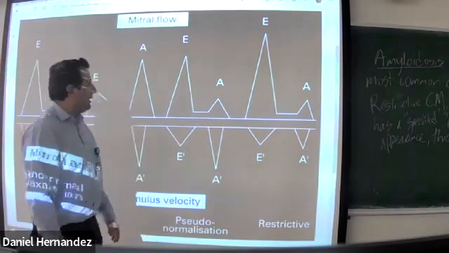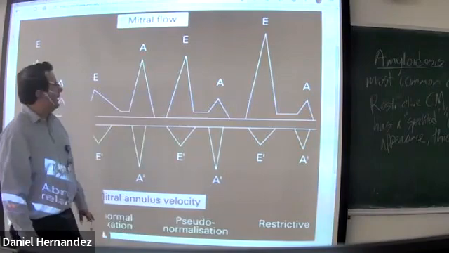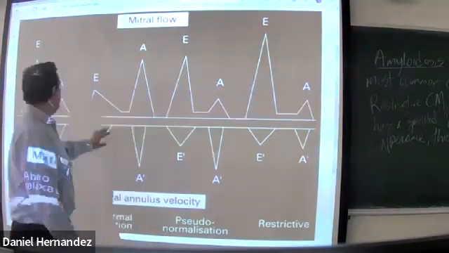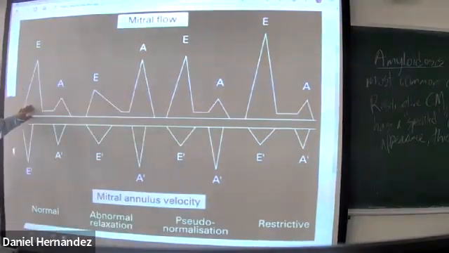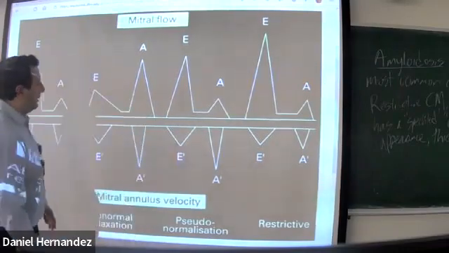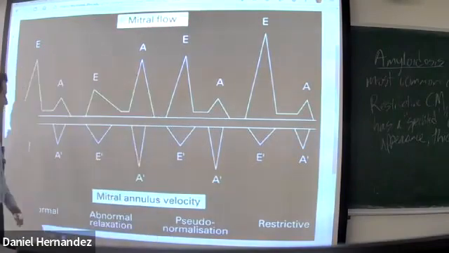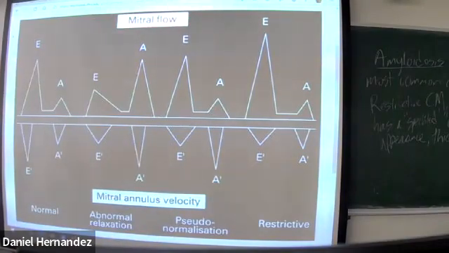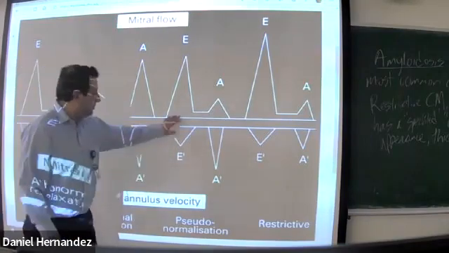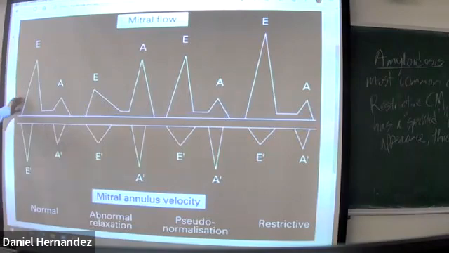As the disease progresses, we enter a period called pseudonormalization. In this, we have a similar appearance to our normal mitral inflow pattern. But when we do our tissue Doppler, we're able to get our E prime and A prime, and that's when we can unmask a patient who has a pseudonormalization inflow pattern versus someone who has a normal mitral inflow pattern.